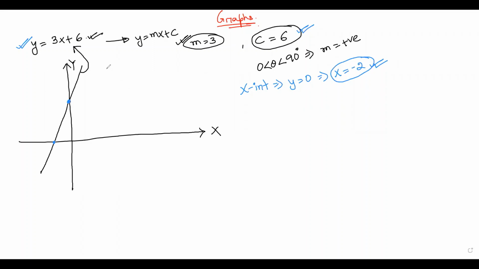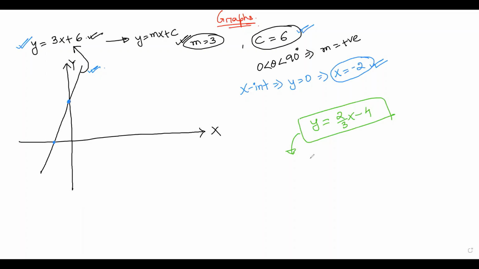So either we can compare the line with the y equal to mx plus c form, or we can find the x-intercept and y-intercept to plot the line on the x and y coordinate axis. In a similar way, say if we want to plot the line y equal to 2 by 3x minus 4, again we can find the x and y intercepts and plot this line.